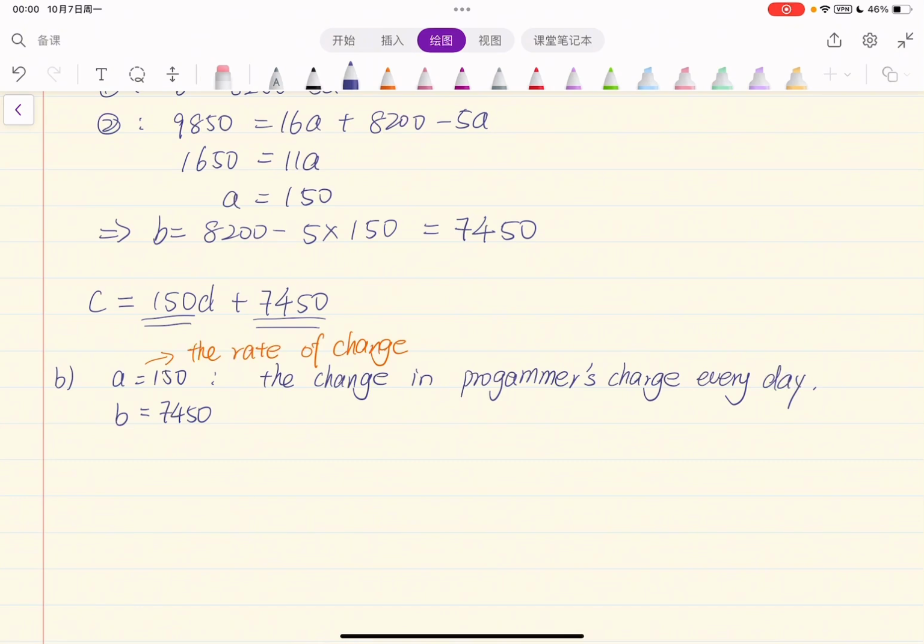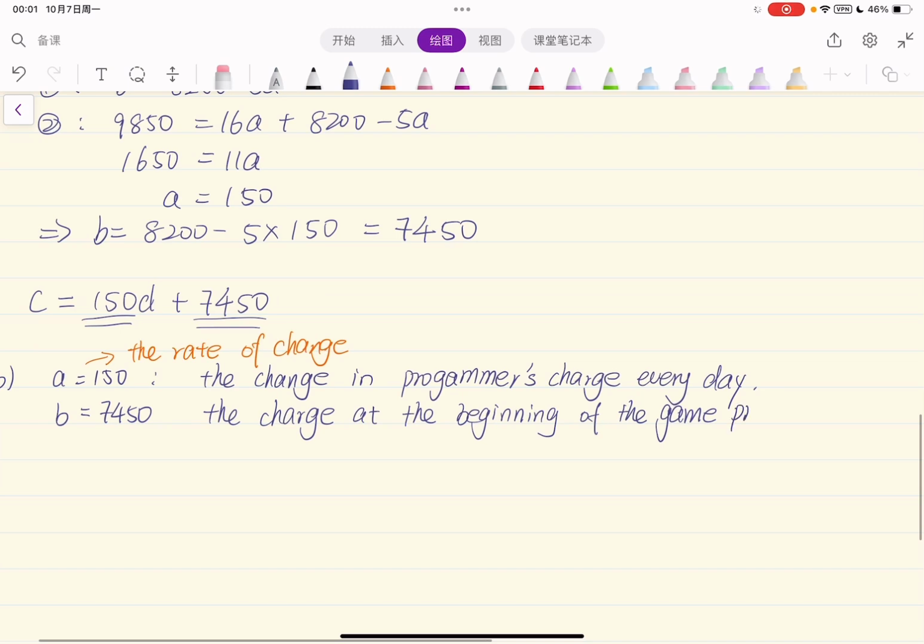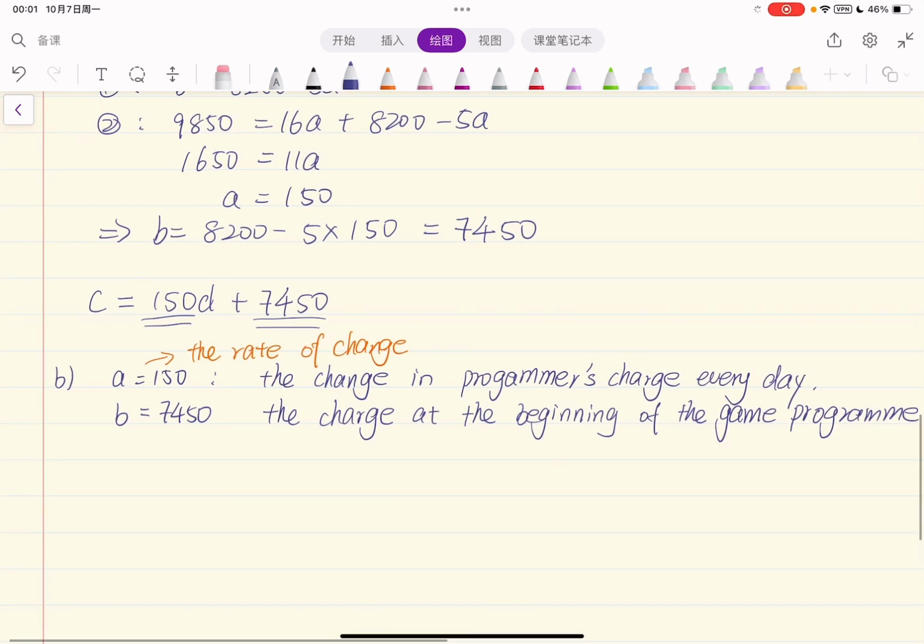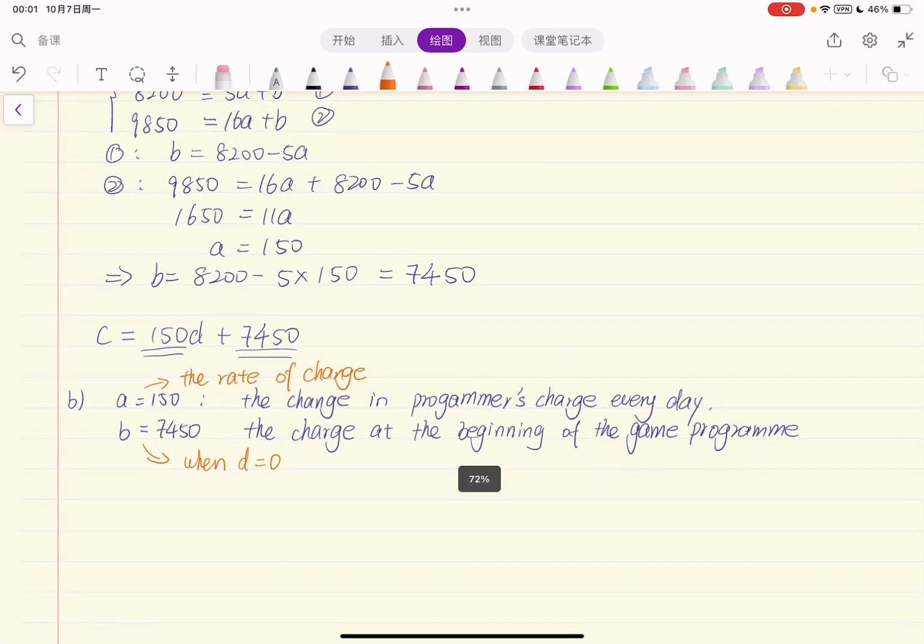So D equals 0 means at the beginning of the program, so it is the charge at the beginning of the game program, when D equals 0.